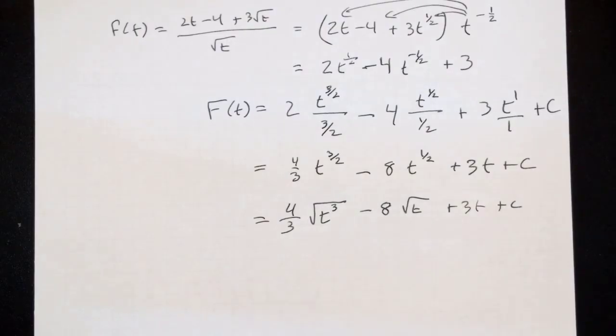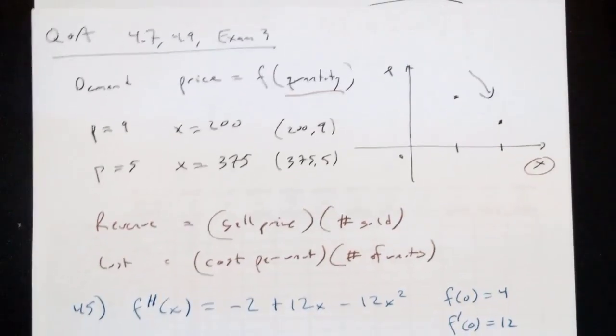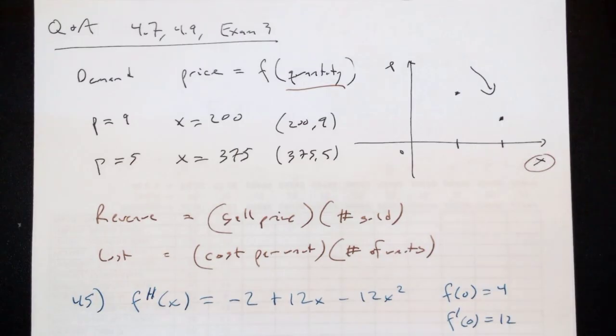Yes. You said price is equal to the function of quantity. Does that mean demand equals price, right? No, my demand equation is the relationship between the price and the quantity.